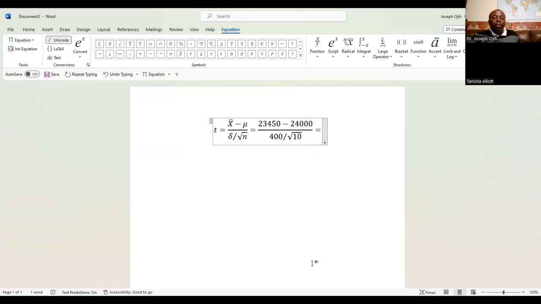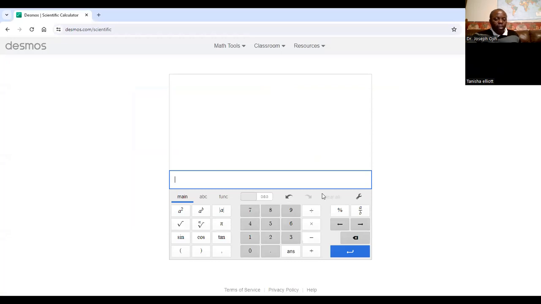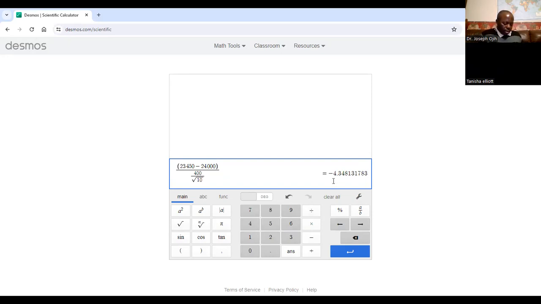We got 23,450 and now minus 24,000, divided by 400 over the square root of n, square root of 10, negative 4.35. Negative 4.35. Okay.